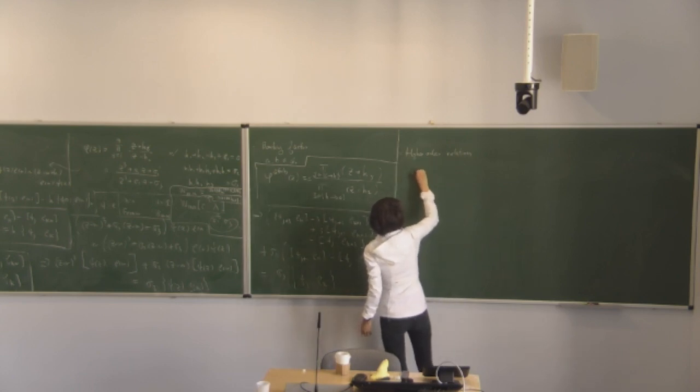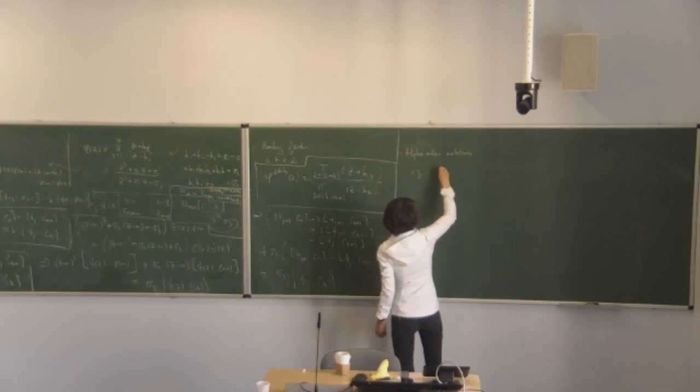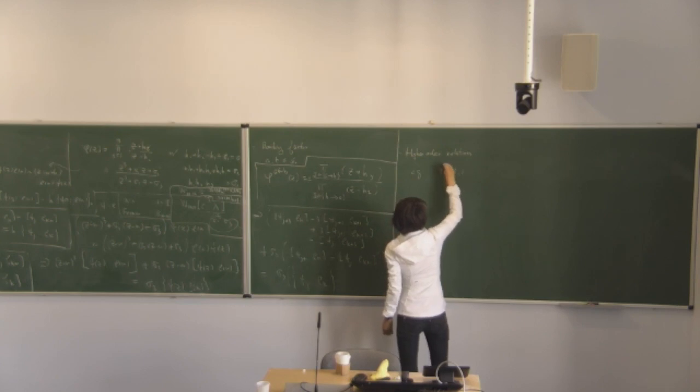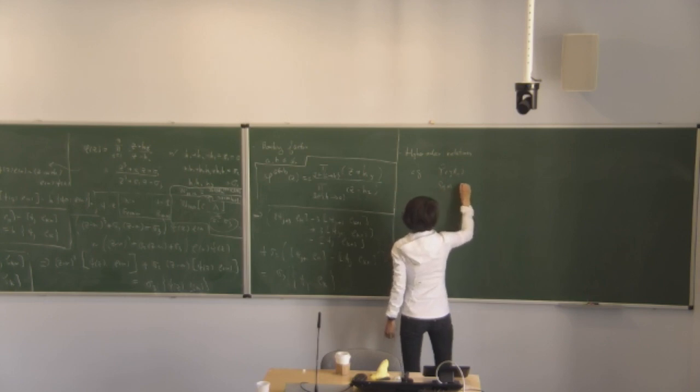For example, for the alpha unit of GL1, you have cubic relations, like this.